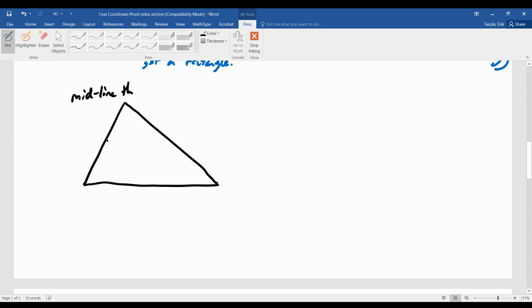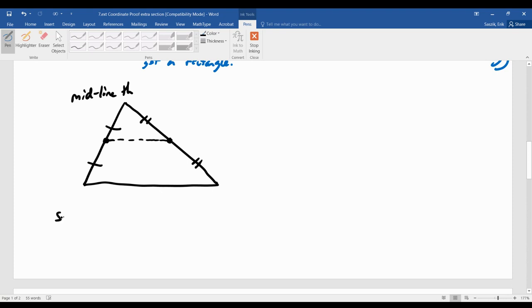Okay? And we found the midpoint of two of the sides. What the midline theorem states is the segment connecting these two midpoints, remember those were given as midpoints. That dashed segment is always going to be half this third side of the triangle in parallel.